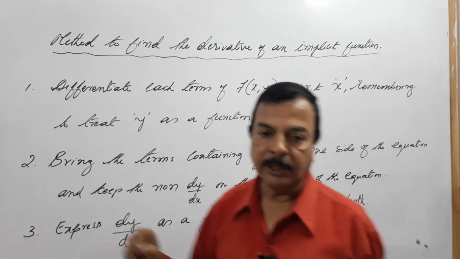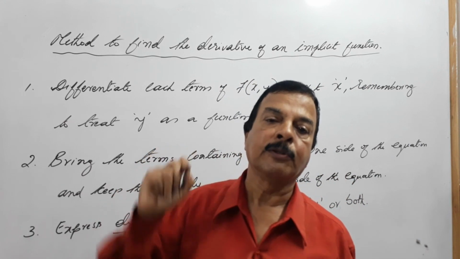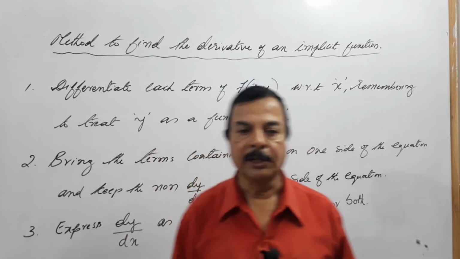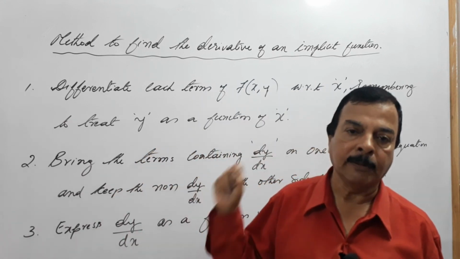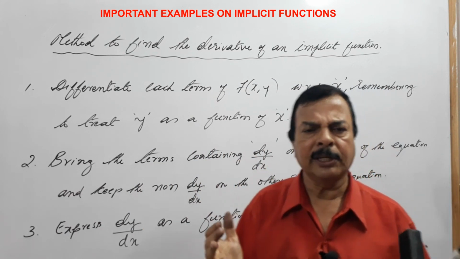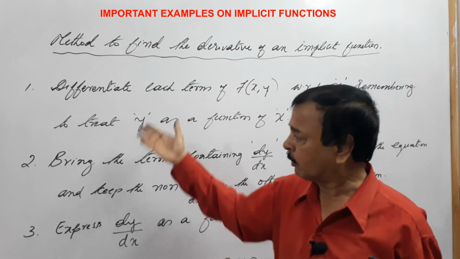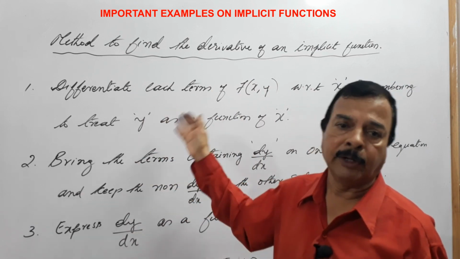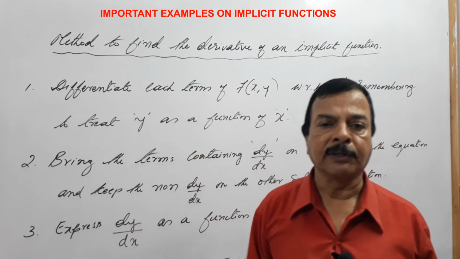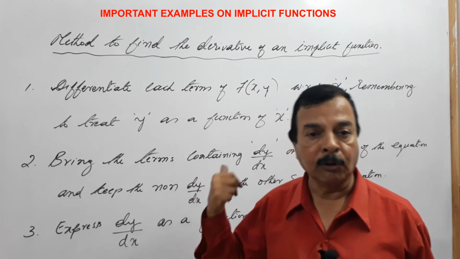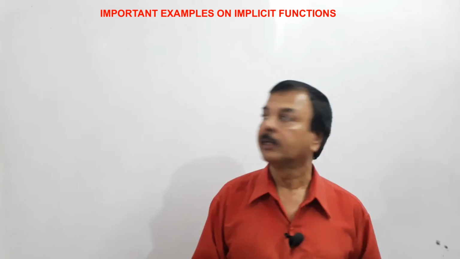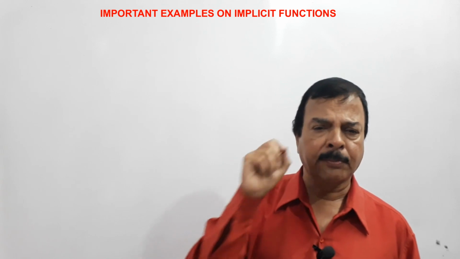So dear students, we have worked a lot of problems on explicit functions. Now we'll try to do some problems on implicit functions. The procedure, everything is same, but the method changes, because we have to adopt this method while doing problems on implicit function. We'll see how to go about it. We'll start with some basic problems.